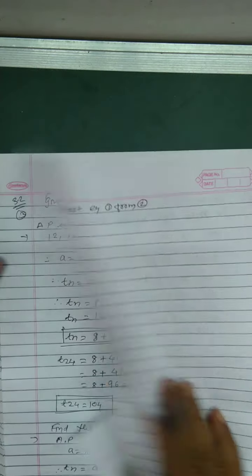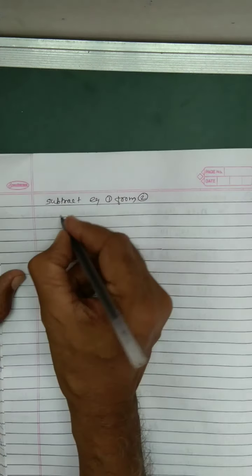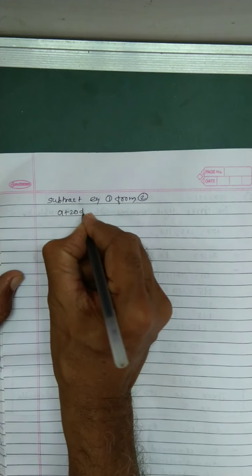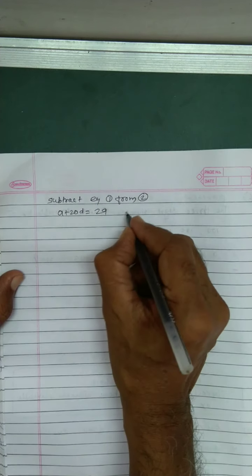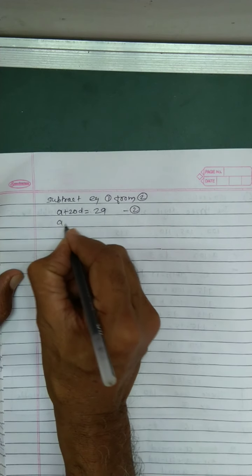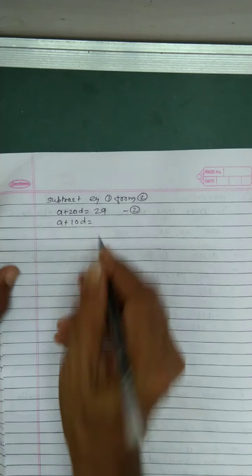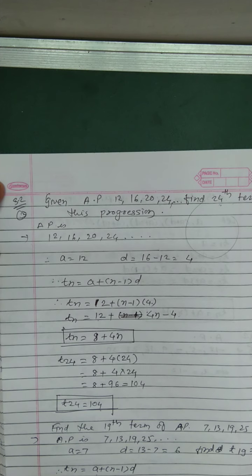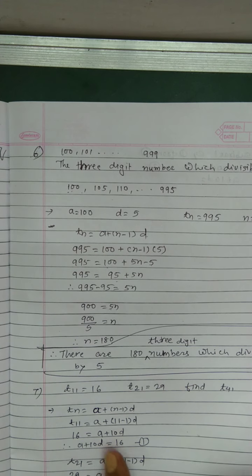Equation 2 is A plus 20D is equal to 29, and equation 1 is A plus 10D is equal to 16.